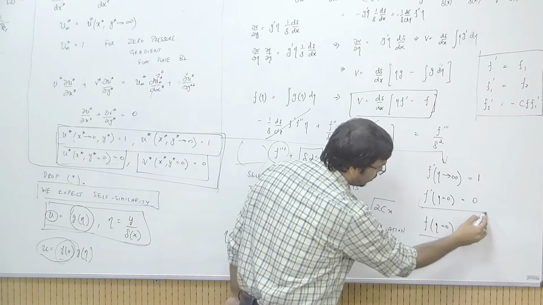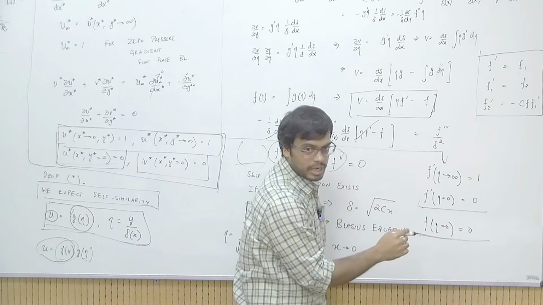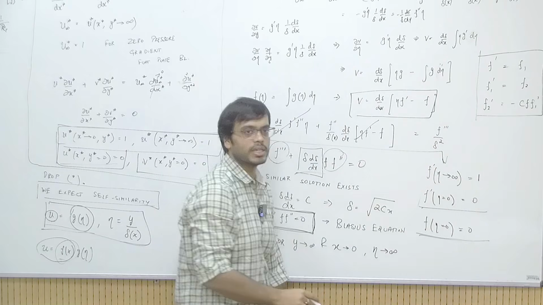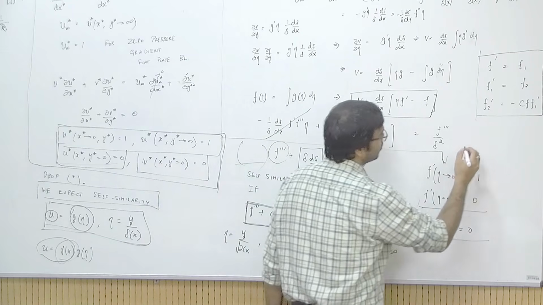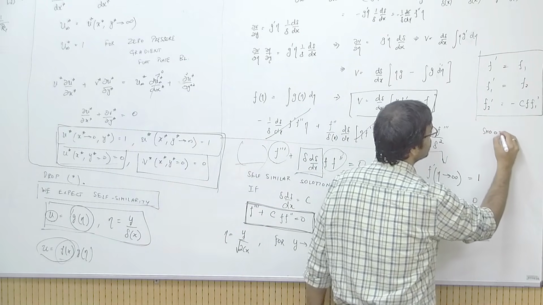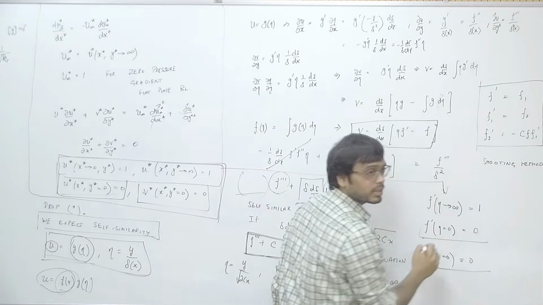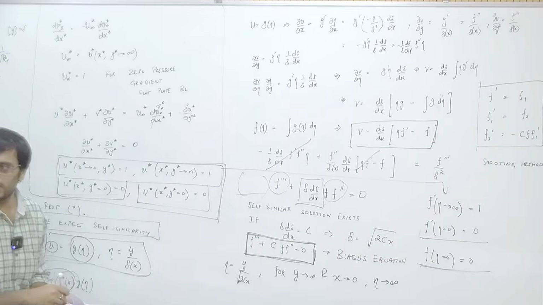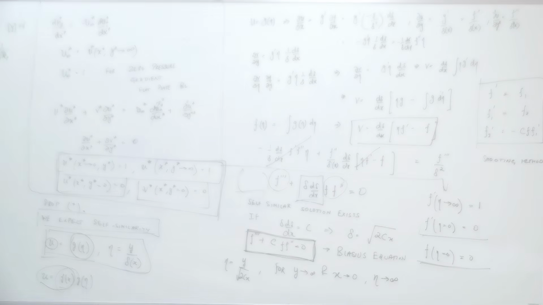Remember, we do not have all of them at eta equal to 0. You will have to assume some value for f double prime at eta equal to 0 and start marching for a large value of eta, and this is called the shooting method. I do not know if you know this. So, we can use the shooting method to solve this equation. Have you covered this in any of your numerical courses?